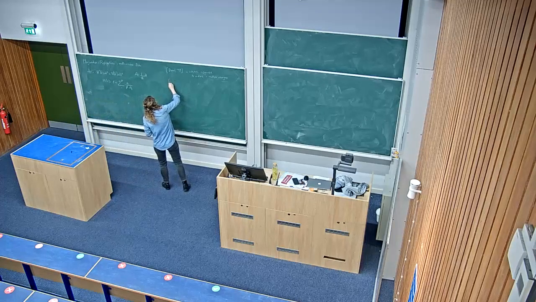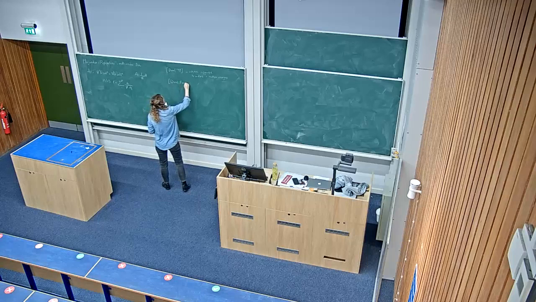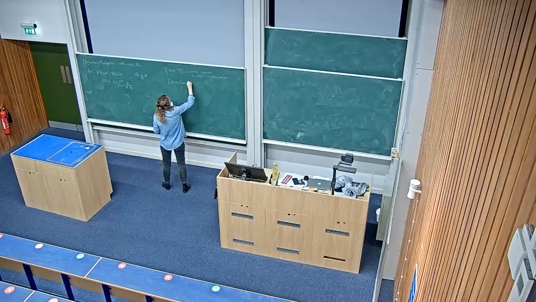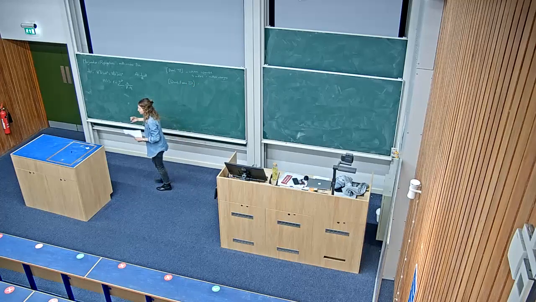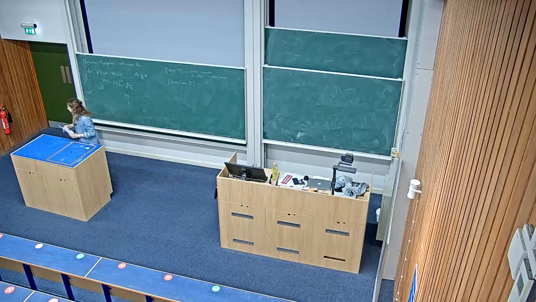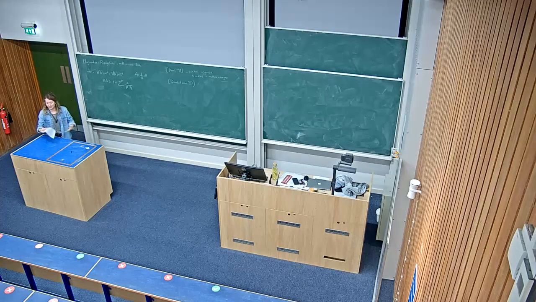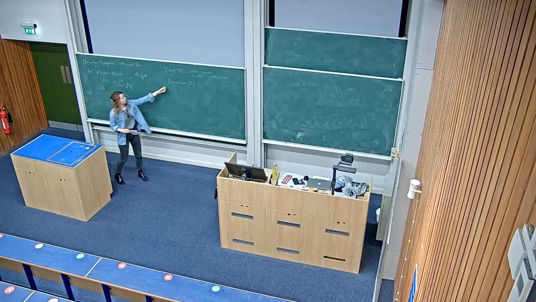If you want, there is a nice essay by Denef and Moore, from 2007. This is an essay written for the Gravity Research Foundation, which gives a prize every year, and it's a very nice, not super technical paper.